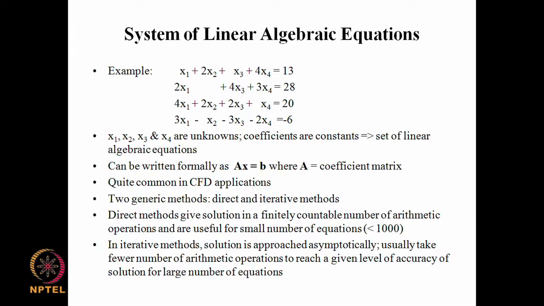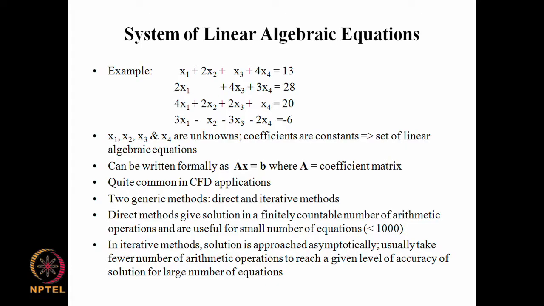Direct methods give solution in a finitely countable number of arithmetic operations and are useful typically for small number of equations. When you have less than about 1000, you can use this, and one such direct method is the Cramer's rule. It gives you the solution in about n plus 1 factorial number of operations. The only problem is that n plus 1 factorial is too many operations when we are looking at large number of equations.